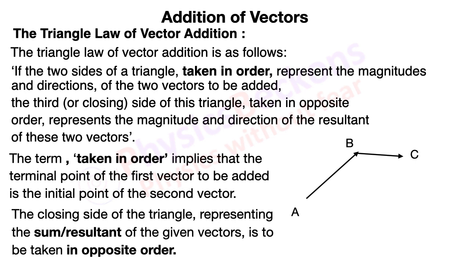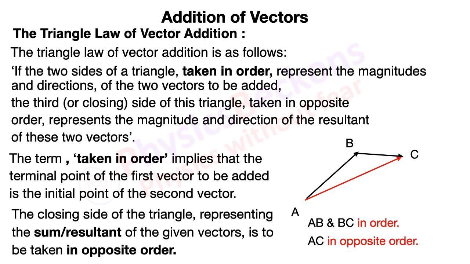See the statement carefully. So the resultant will be given by AC. This is the resultant vector. So AC is AB plus BC. AB and BC are in order. AC is in opposite order. The resultant in opposite order, the vectors to be added in order. So this is important.